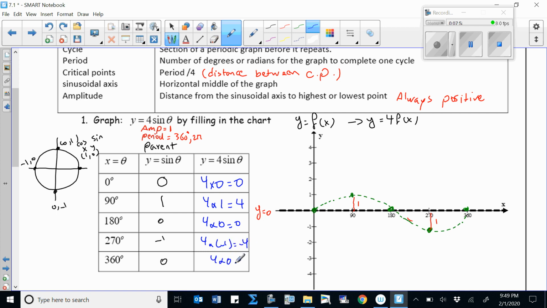And again, 4 times 0 is 0. So when x is 0, y is 0. When x is 90, y is 4. At 180, y is 0. For 270, it's negative 4. And for 360 it's 0. So this will be the graph of the function.